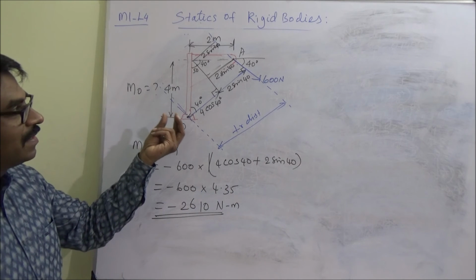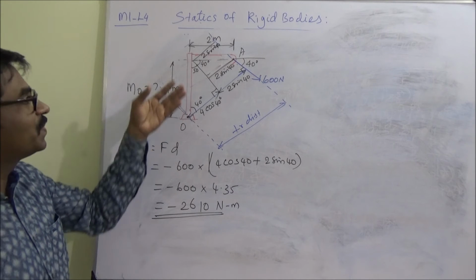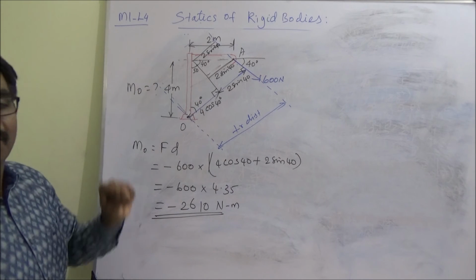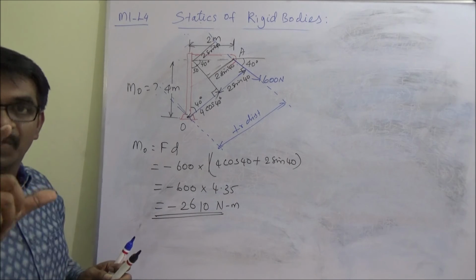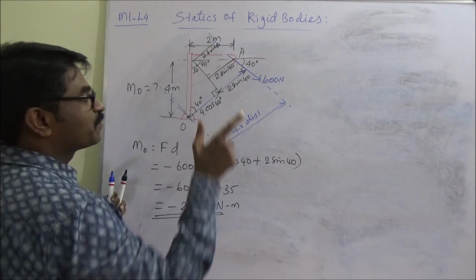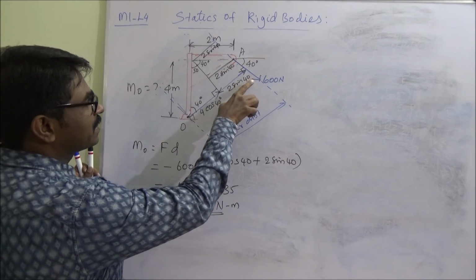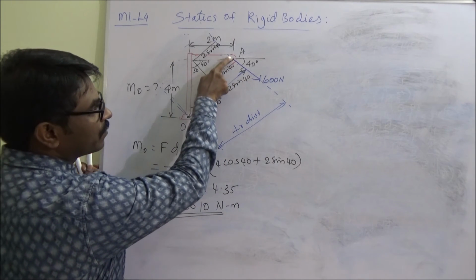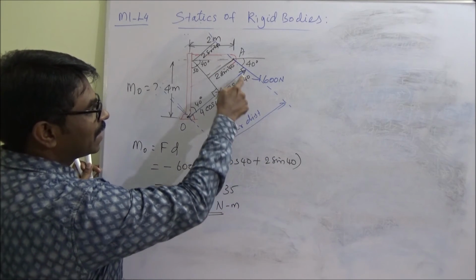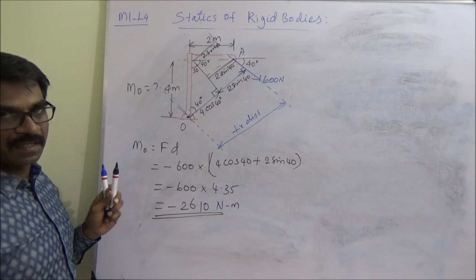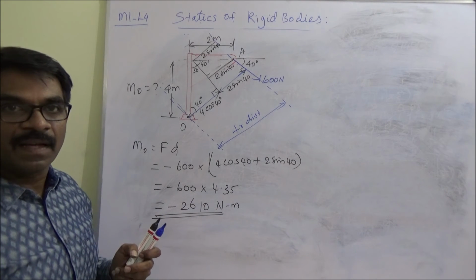Now you see, finding a perpendicular distance, how much we have to think and use the geometry to find it. That is very, very important. What is perpendicular distance? I am repeating. The perpendicular distance is between the line of action of the force and the point about which we are to take the moment.